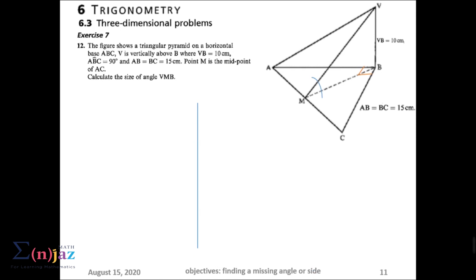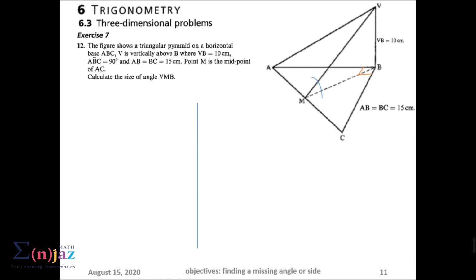Since the length of VB is 10, we have to find the length of MB, because the angle VMB is part of the sectional triangle VMB. So one side is known, which is the opposite side to the unknown angle. Then we must find the adjacent side, which is MB.